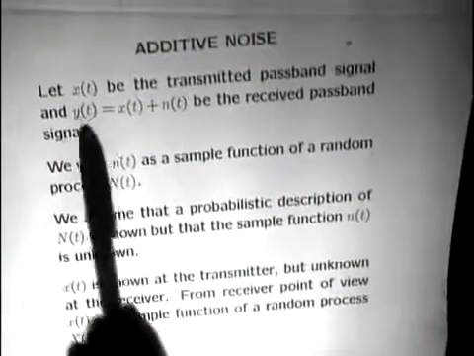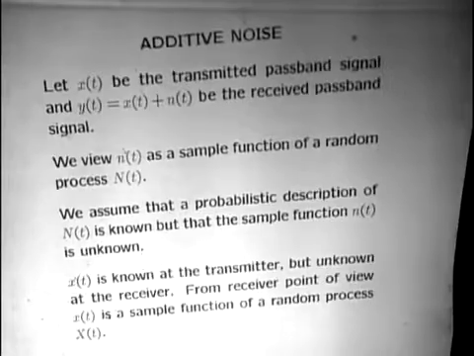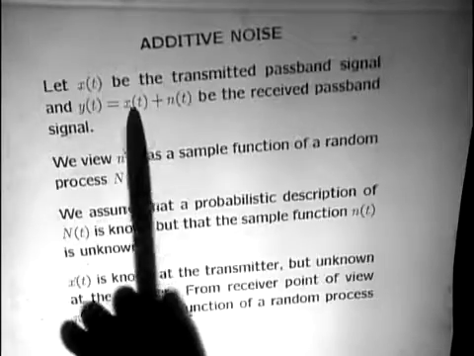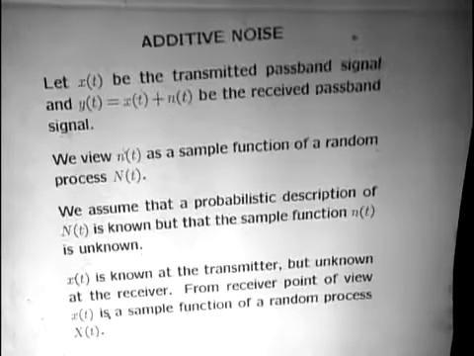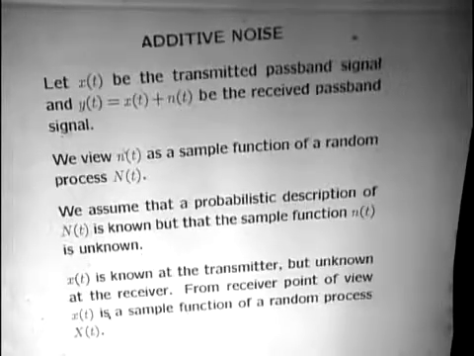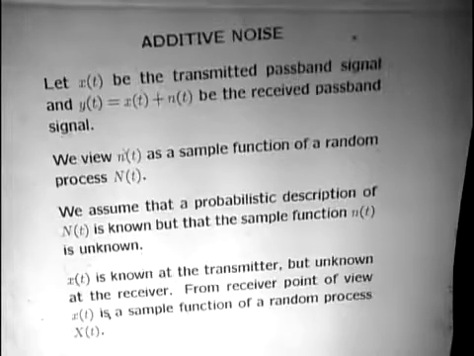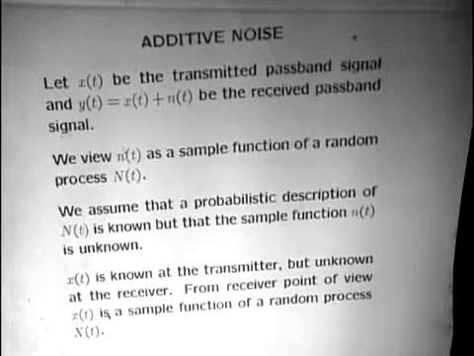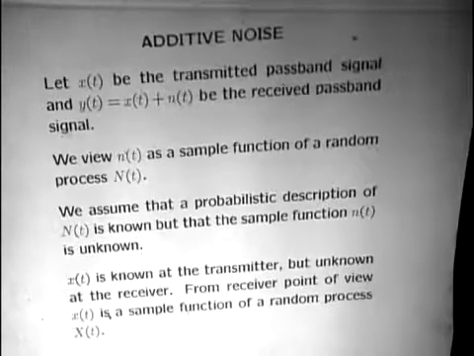Okay, here I'm just looking at sample functions. And what I'd like to be able to do is say this sample function, namely what's going into the channel, is one of a large set of possibilities. If it weren't one of a large set of possibilities, there would be no sense at all to transmitting it, because the receiver would know what it was going to be, and you wouldn't have to transmit it.